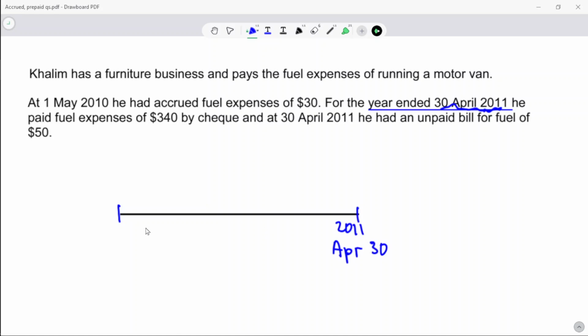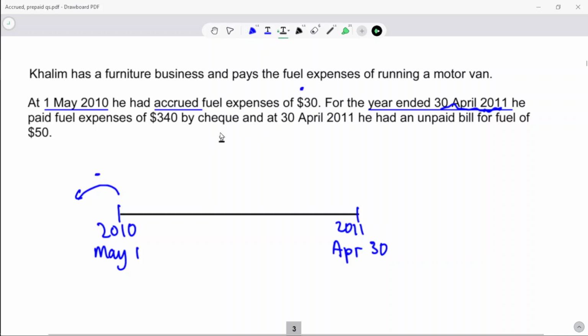One year before, one day after. So at 1 May, accrued. So 1 May here, accrued to the left, outside, minus.